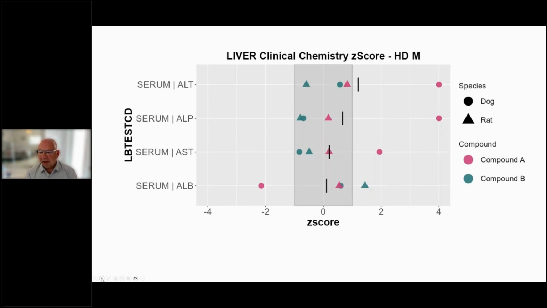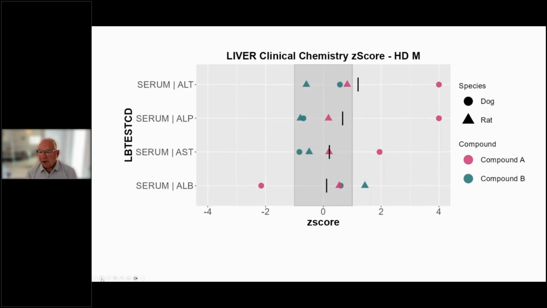And the solid lines up and down are the z-score mean for the four data sets. So you can see, at the top at ALT, the compound A dog had a fairly high z-score for ALT.